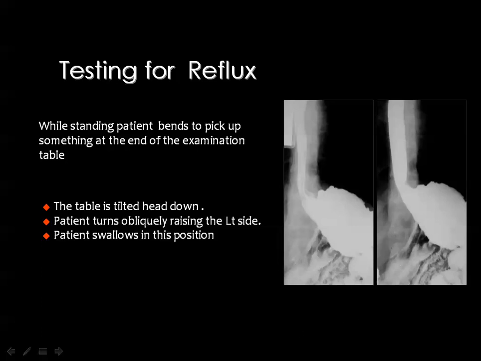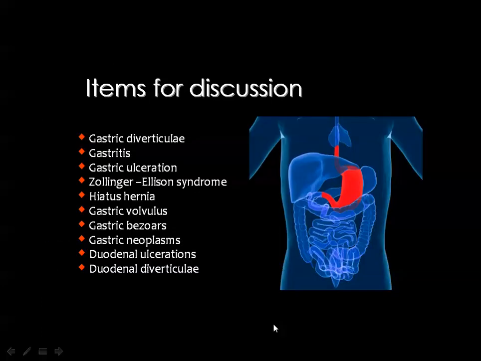And we have discussed in detail the issue of GERD, or gastroesophageal reflux disease, and how to diagnose this disease and the complications expected from long-standing gastroesophageal reflux. Now, in the sector of the stomach, we would like to discuss the issue of gastric diverticulitis, the types of gastritis and gastric ulcerations.